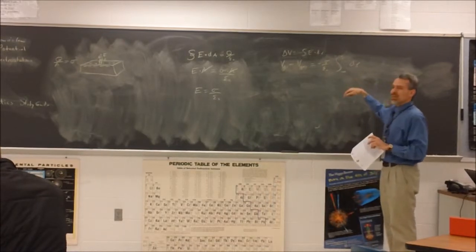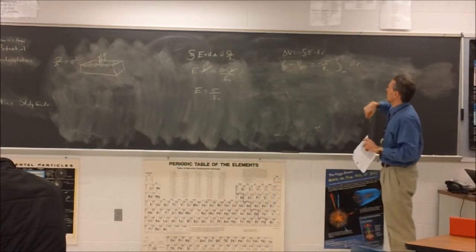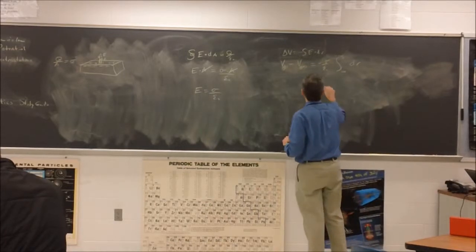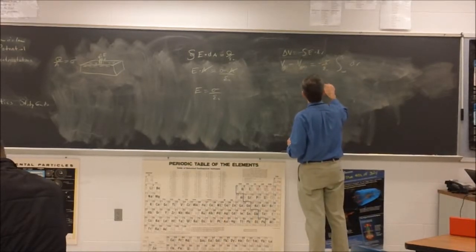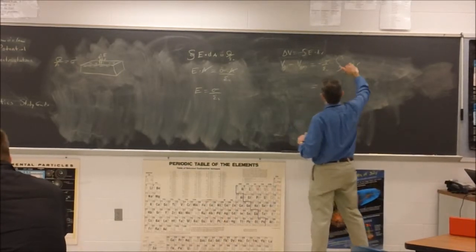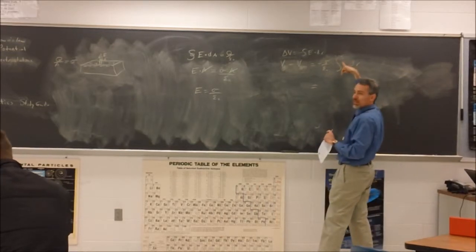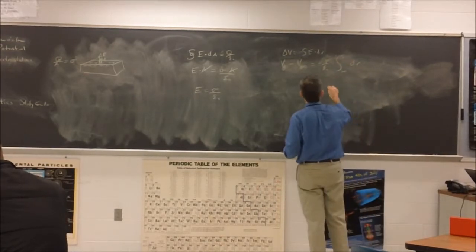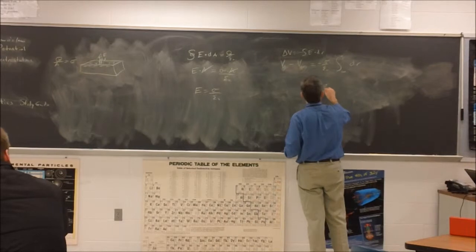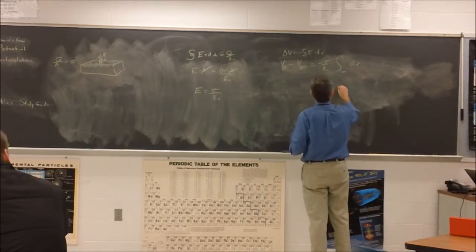So when I integrate this, what will I get here? That's going to give me r. So this is going to be, I can reverse the order of integration, right? And it gets rid of the positive or negative sign, so it's going to be sigma over epsilon naught times r.